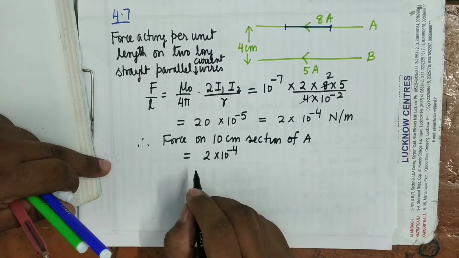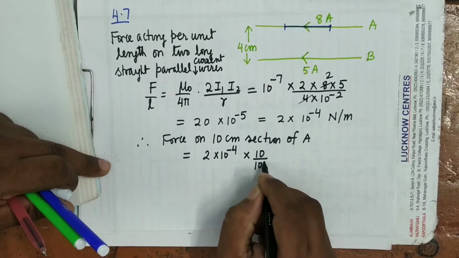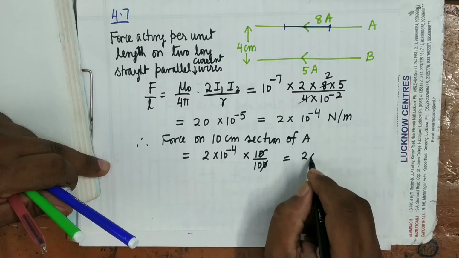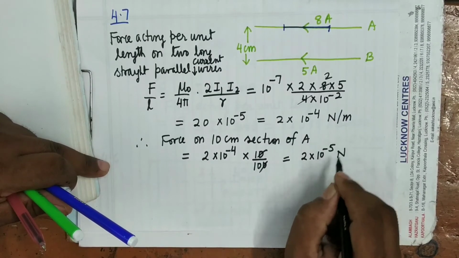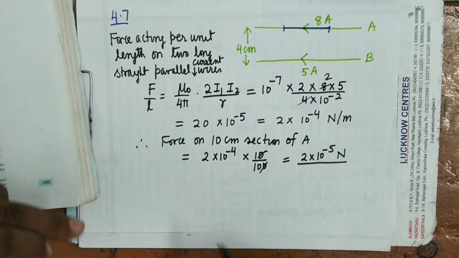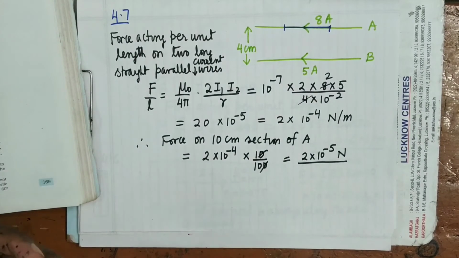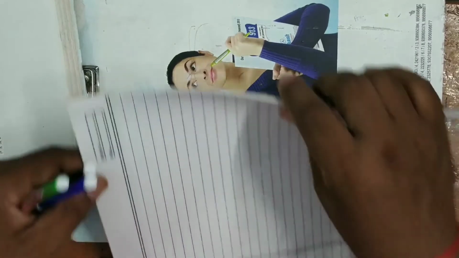On 1 meter this much, so on 10 centimeter it will be 10 upon 100. When it is cancelled, it will be 2 into 10 to the power minus 5 Newton. On the 10 centimeter section of wire A, this much force will act. It's clear. Now after this you see question number 4.8.